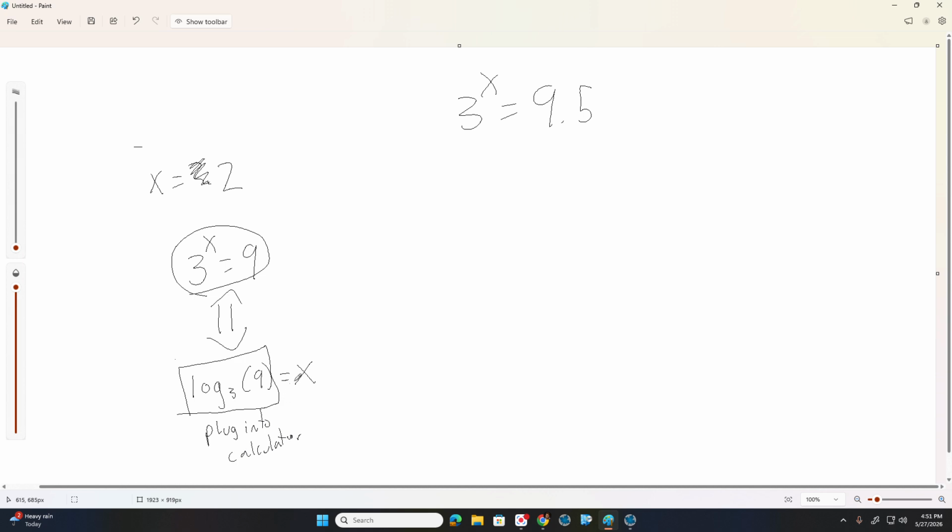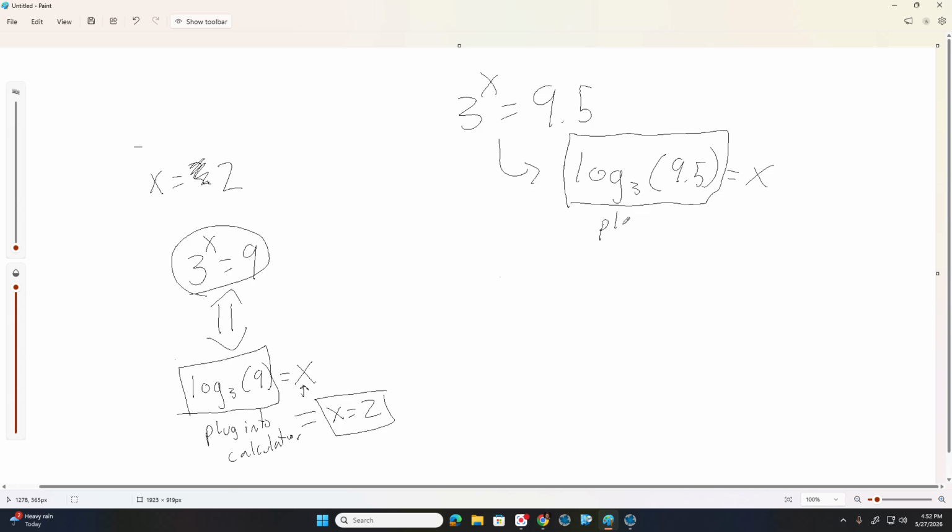If you do that, you will find that x equals 2. Now, that's something that we could have known. What's even better is if we do the same trick over here, we'll find that the log base 3 of 9.5 is x. That's the power that's going to solve that. And again, this is something we can plug into a calculator.